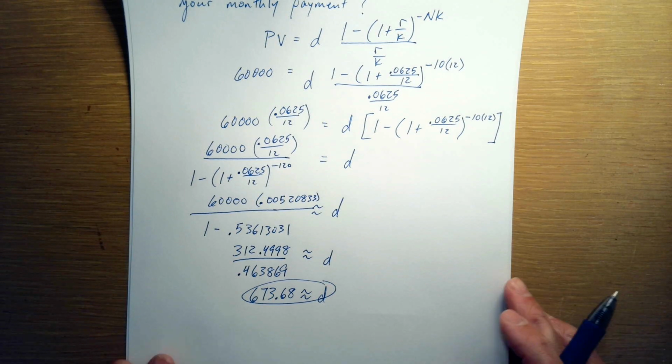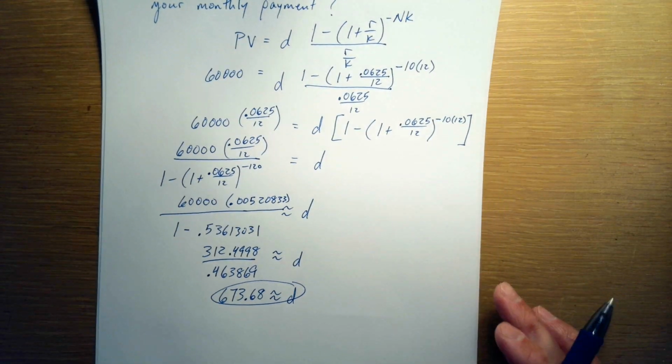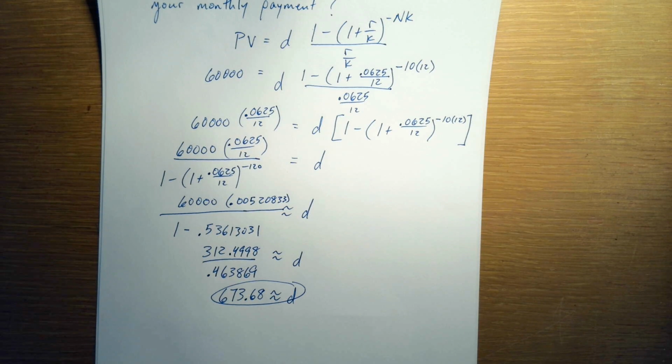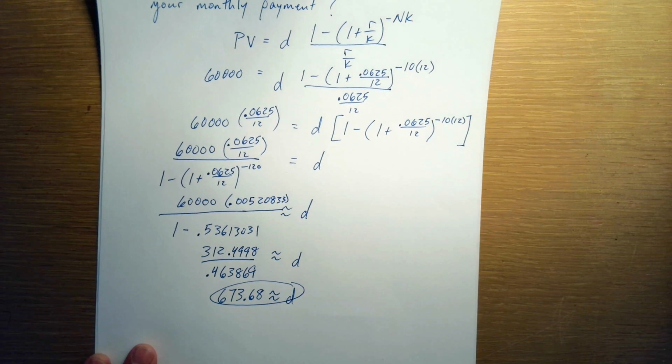We may also want to ask, because there's a lot of talk about student loans costing a lot of money. Of course, the monthly payment is pretty expensive, but you might be interested in how much do you have to pay in interest? In other words, how much does this loan cost?